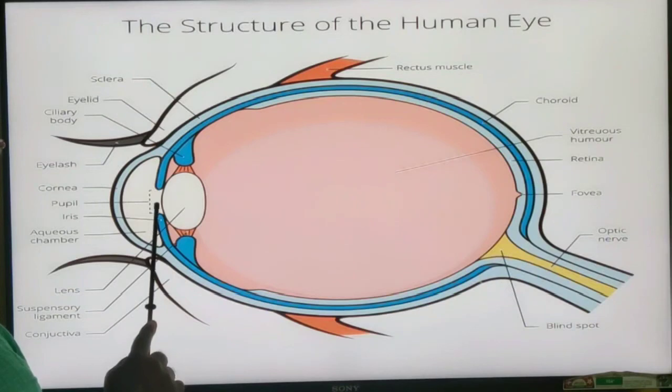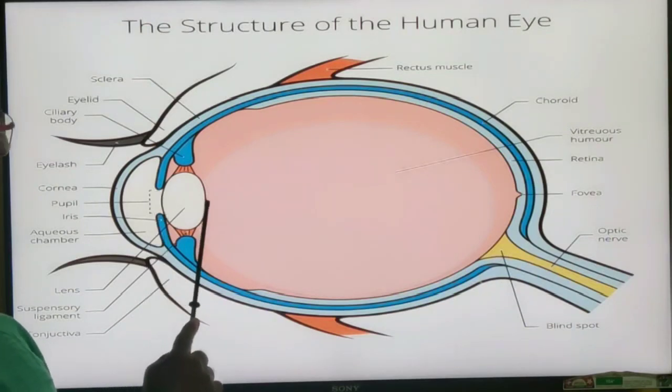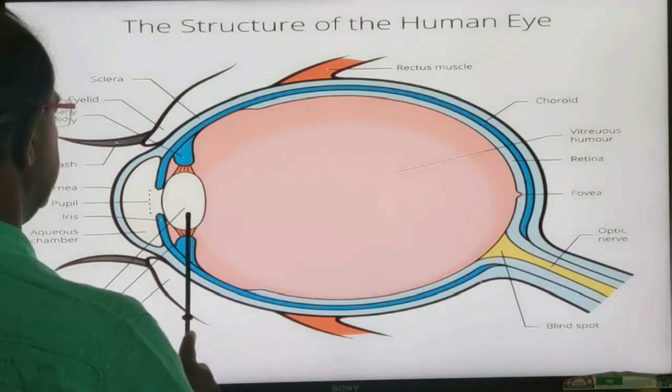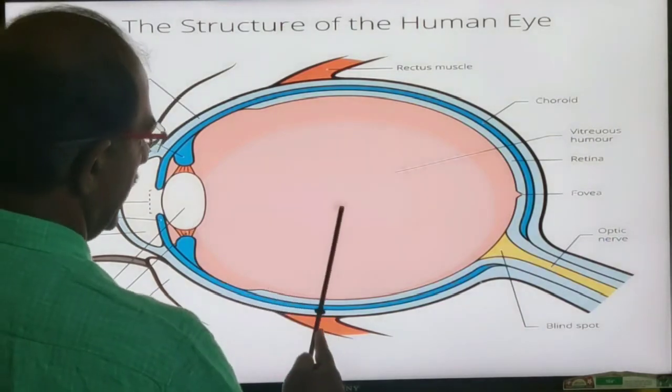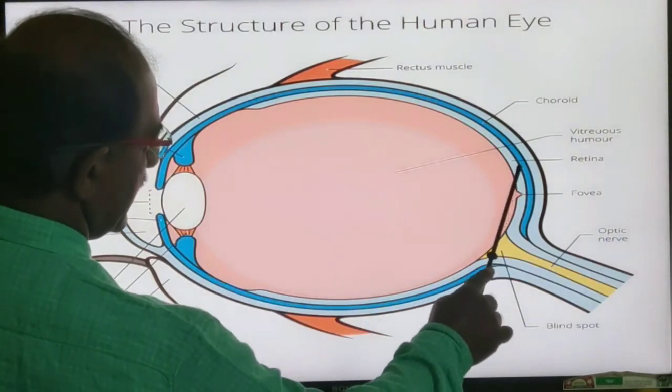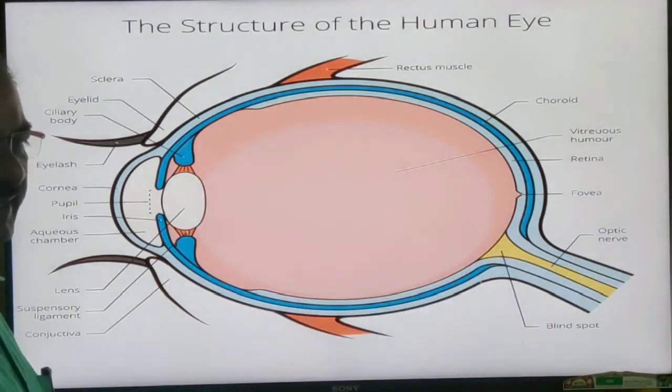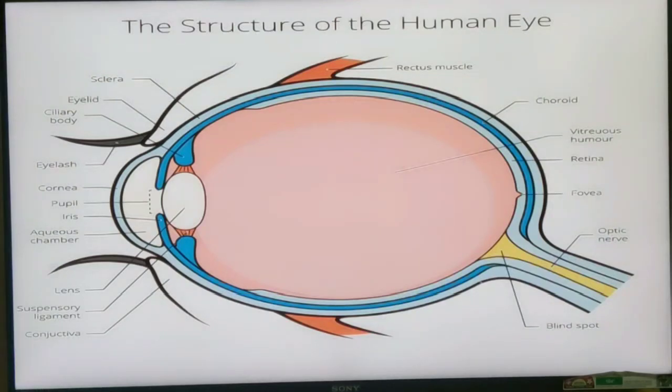After the cornea, then the pupil, iris, pupil, then the lens, and then the vitreous chamber, and the light is totally focused on the retina. So in this way, that is the retina.